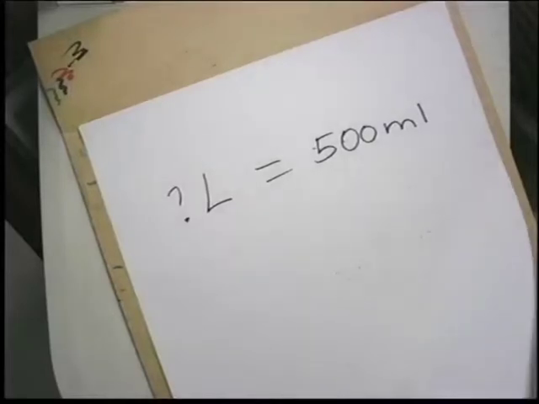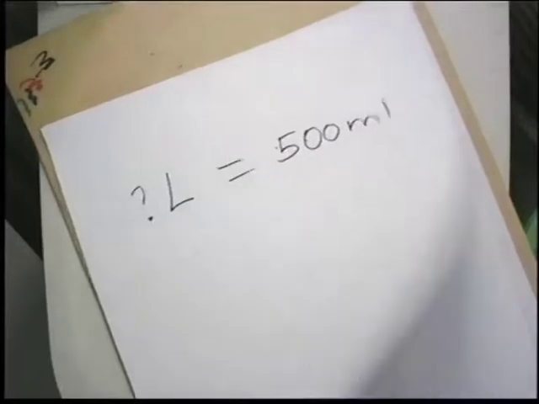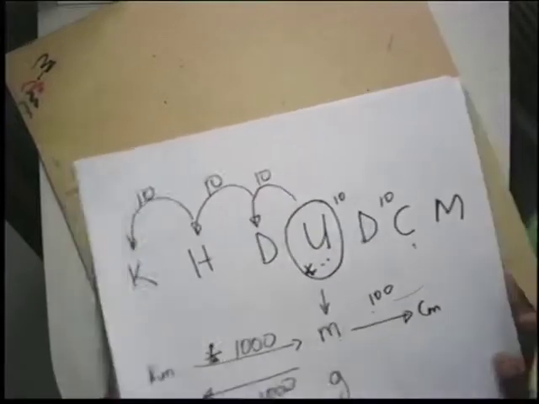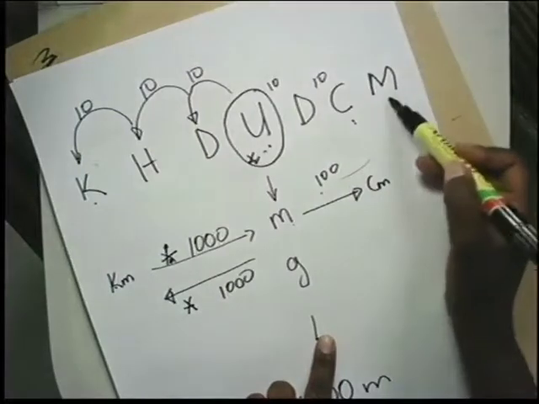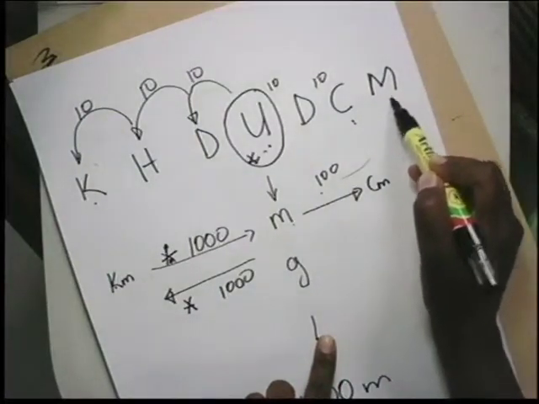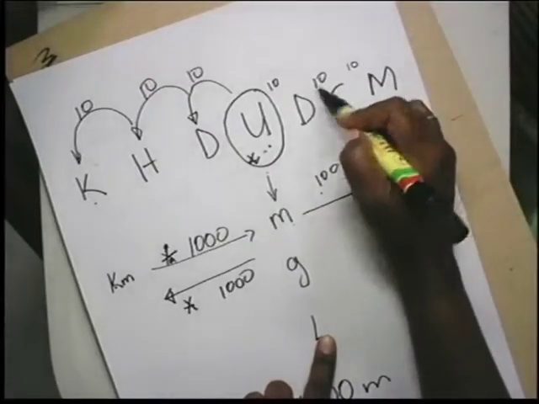Let's go back to our very first examples that we were having there for King Henry. I will keep referring to this so that it will help you remember. Now we have liters and we have milliliters, and we want to change milliliters to liters. In between here there is 10, 10, 10.